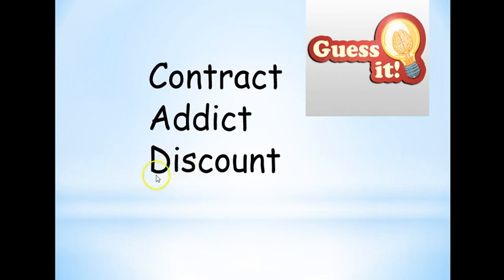So, we put it on the first syllable. Discount. Discount. Okay. This one. 2 syllables, con and verse. Is it a verb or a noun? Yeah, very good. Noun. Converse. Converse. Okay, that's part 1.